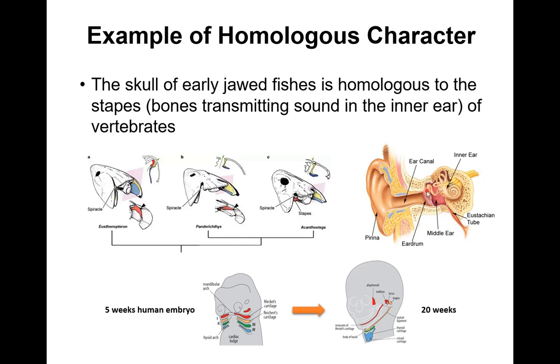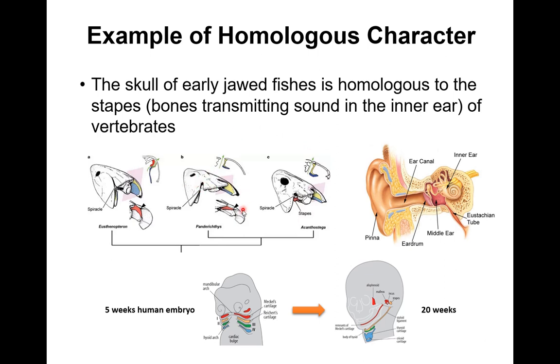Now, if you look at these 3 bones here, they are actually evolutionarily coming from the skull of the early jawed fishes. They're actually bones that were present in the jaw of very, very old types of fishes. Then they evolved both in reptiles and mammals, forming this.